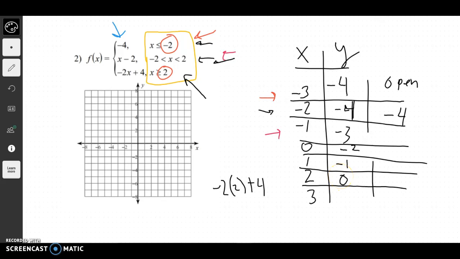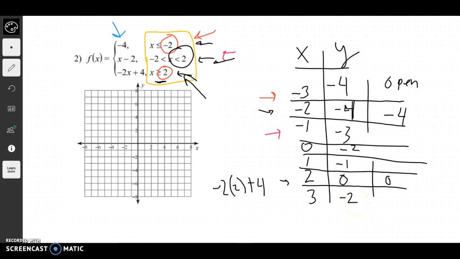And if you, again, so 2 would fit into this one because it has an equal, but again, it's this breaking point, so I also wanted to plug into here, so that's 0. That's kind of nice. And then 3 would go into this bottom one right here, so we plug in 3, and I get -6 plus 4, that's -2.